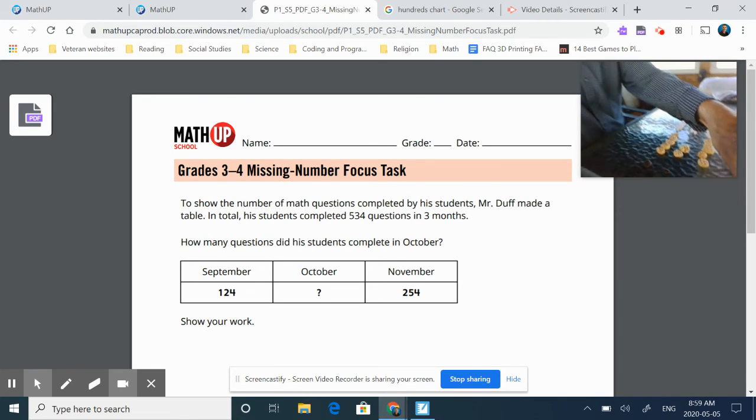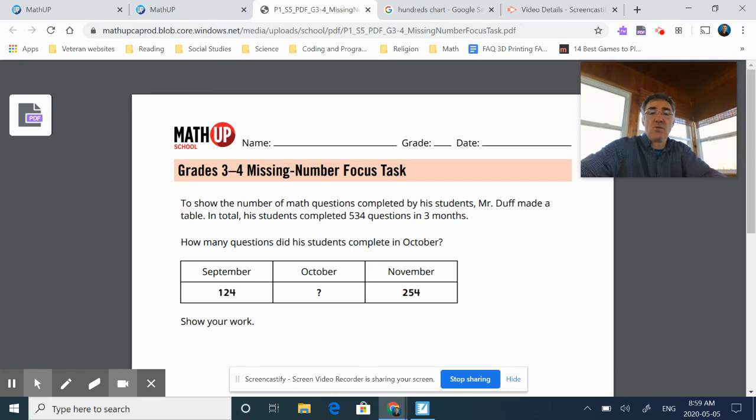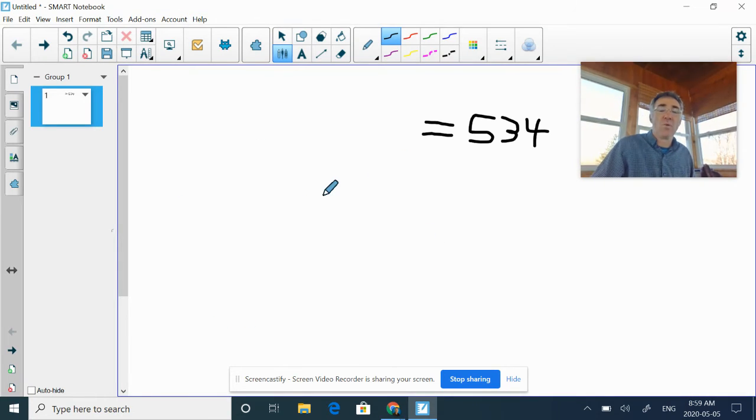If I wanted to check my answer, yes, absolutely. I could go back and do my algorithm method where I take my 254 and let's put my 124 there.